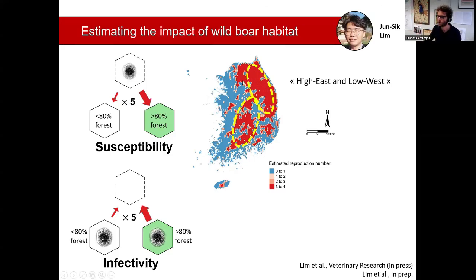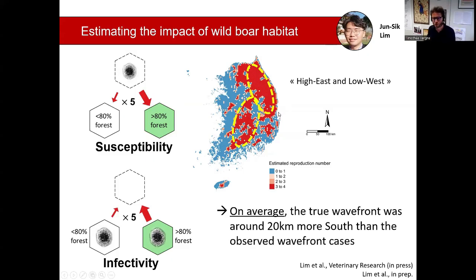This map represents the distribution of the basic reproduction number, R0, at the cell level, and it showed that the highest values for the R0 would be very congruent with the distribution of the mountain ranges. So, as Junshik loved to say, it's the concept of high east, low west, even for the R0.